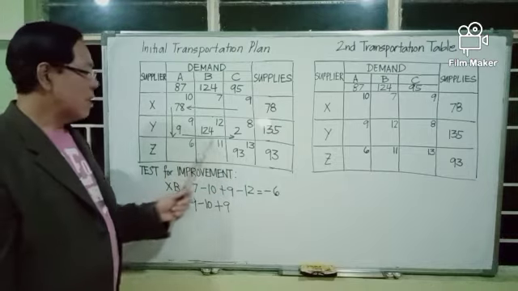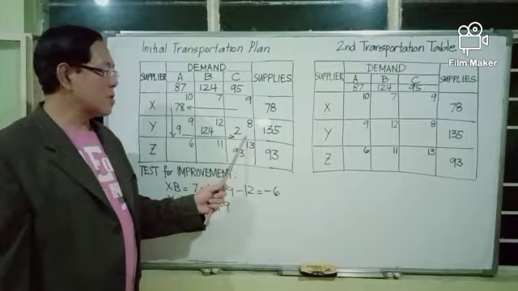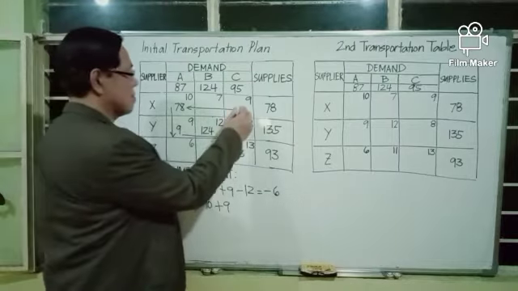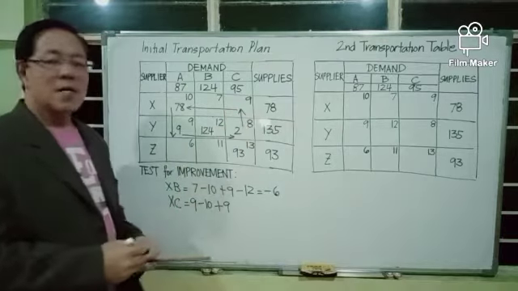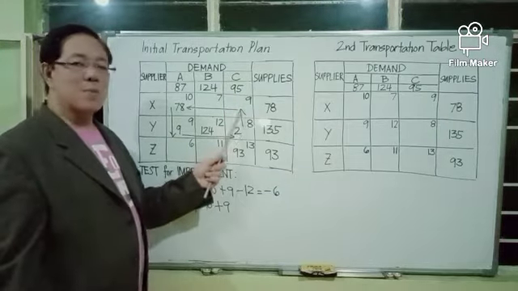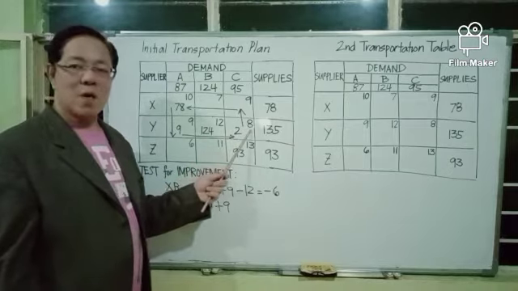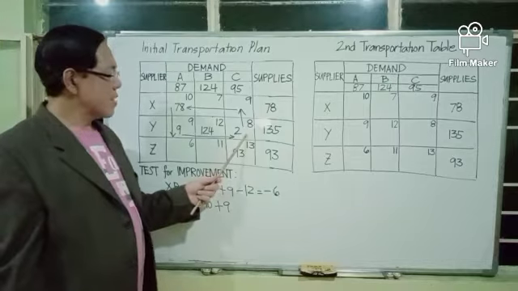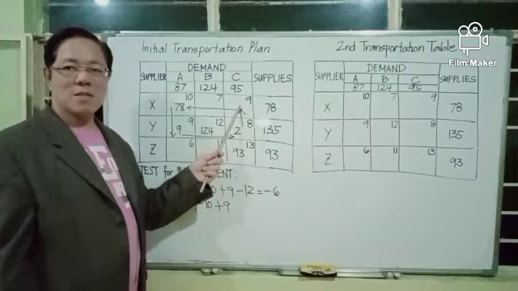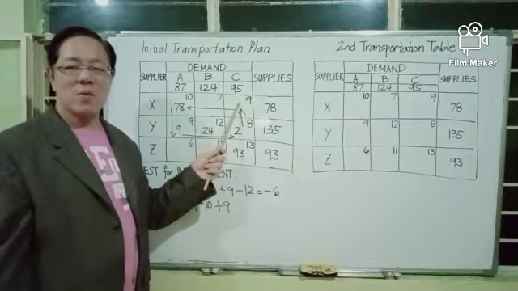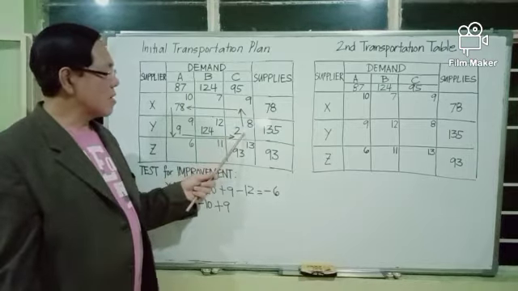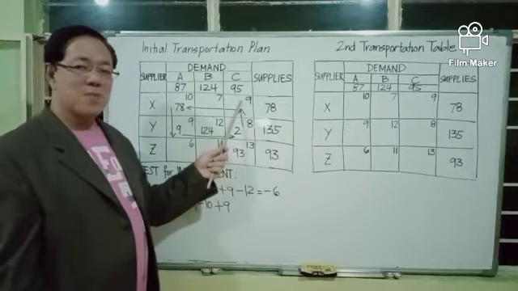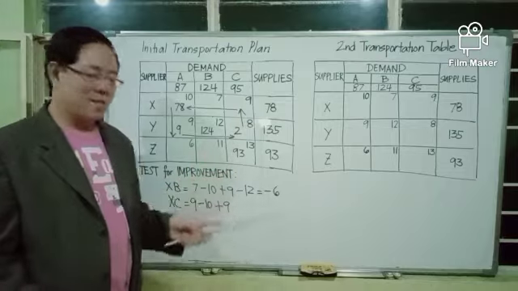Hence, from this cell with 2 units, you go straight back to your point of origin. The cost associated with this vertical movement is the negative of the cost of the cell where you started, in returning to this vacant cell. The cell cost for this cell is 8. Hence, the cost associated with this vertical movement is minus 8.